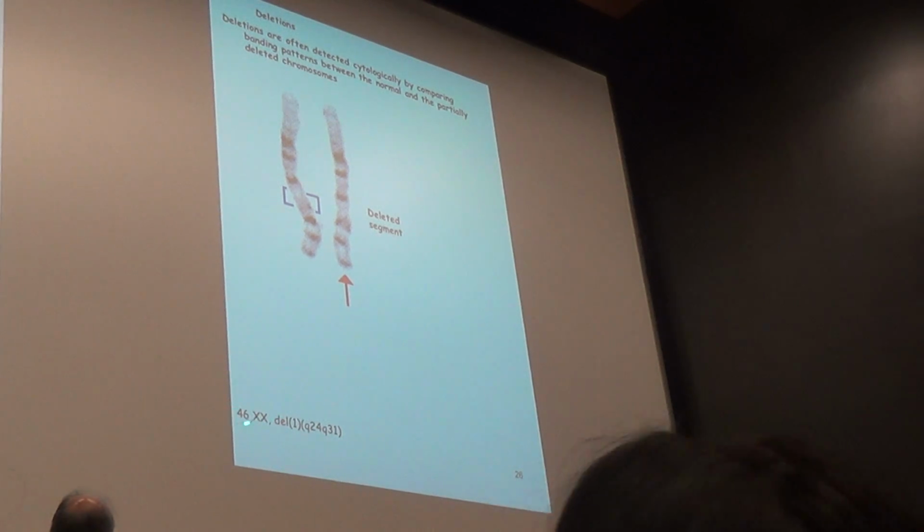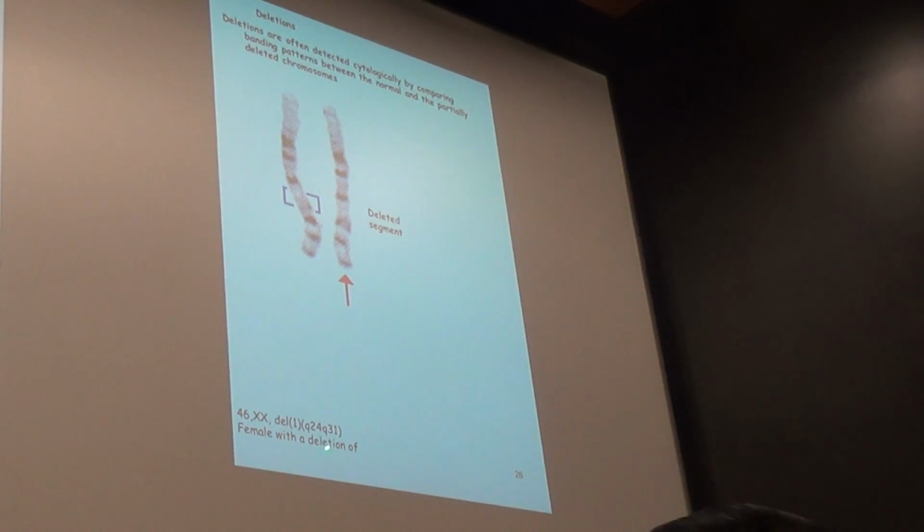DEL stands for deletion. 1 or 2 or 3 or 4 or 23 indicates the chromosome in which the deletion has taken place. So this is a female with a deletion in chromosome 1, and the deletion was in the band Q24 to Q31. So that entire segment from 24 to 31 has been deleted. That's how we would write this.